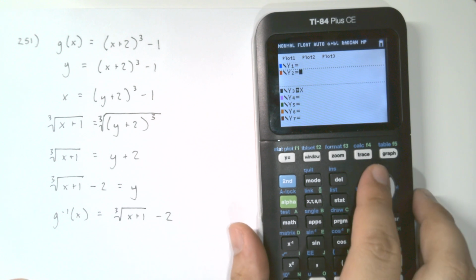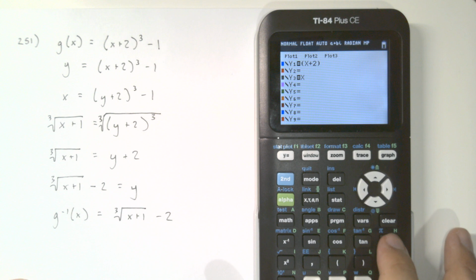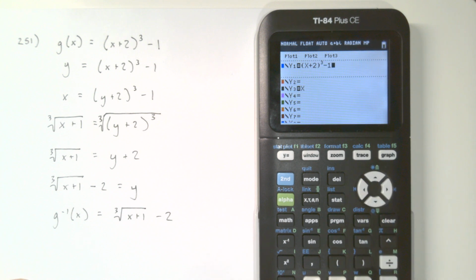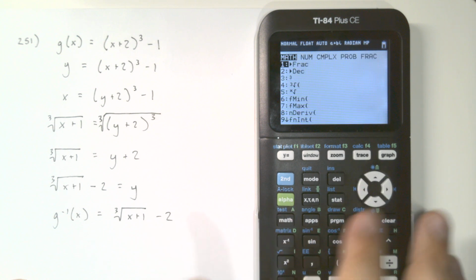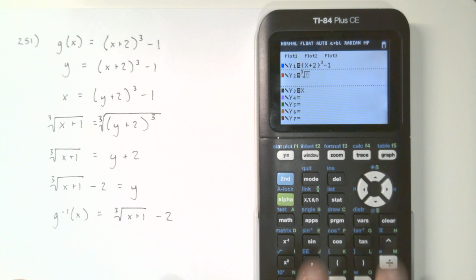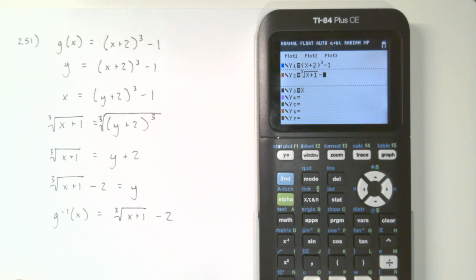So clear these two, and we can graph it. The first function we have is (x plus 2) caret 3, and then minus 1. And the second function we have is the cube root of x plus 1, and then minus 2.